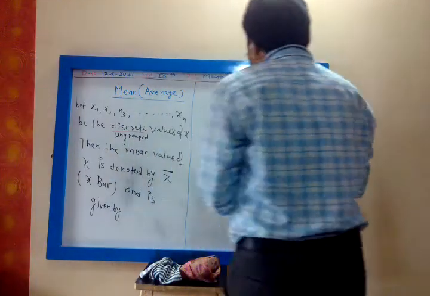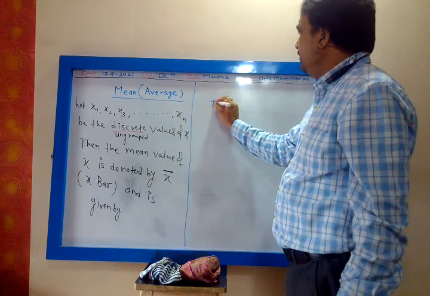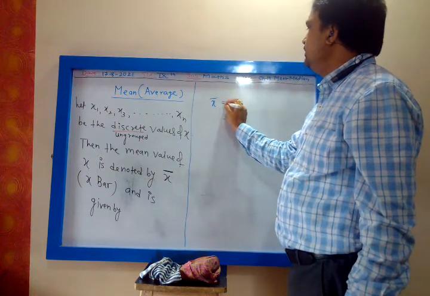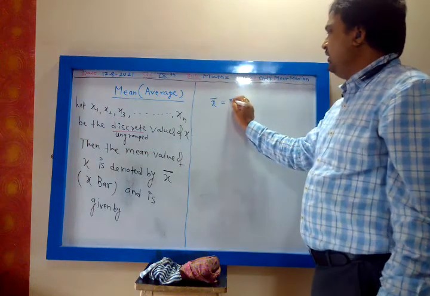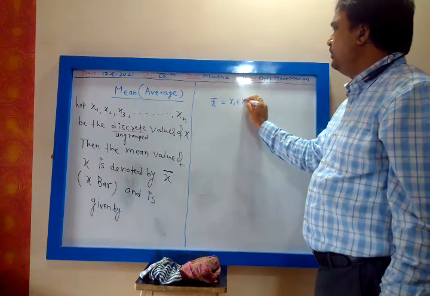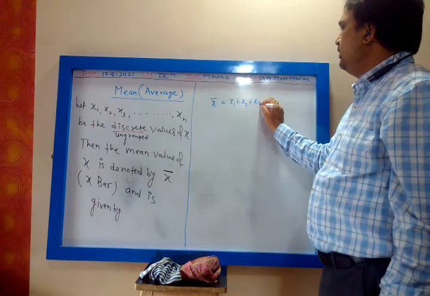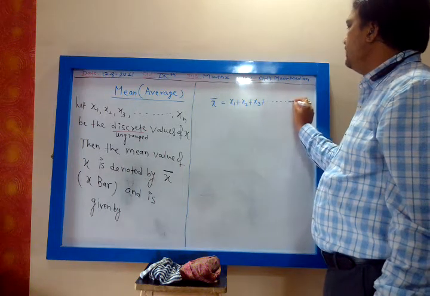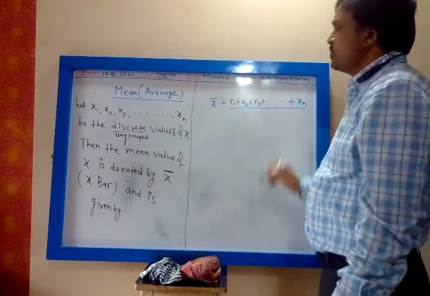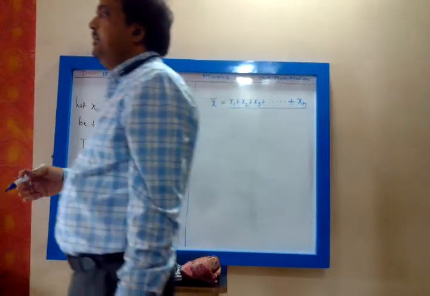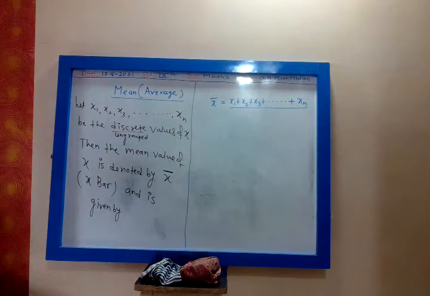We write x bar as the mean value of x. What we do is add all the values of x, that is x1 plus x2 plus x3 plus x4 up to xn. To find the mean value of x, we add all the values of x.